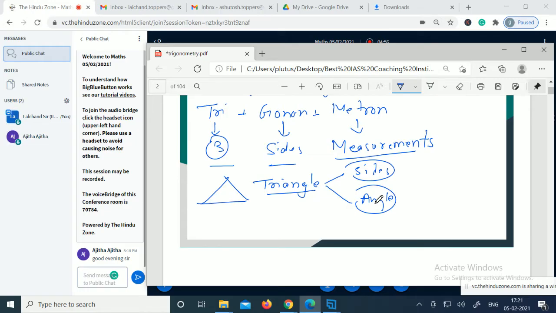Yes, sir. Yeah. So trigonometry is about the study of the measurement of a triangle, and basically in a triangle, angle and side. With the help of this, we can also calculate things like perimeter and area. Okay. So this area and perimeter are derived from the angles and sides.